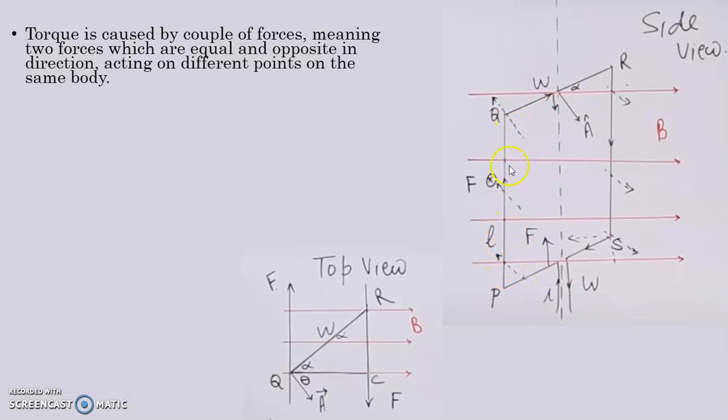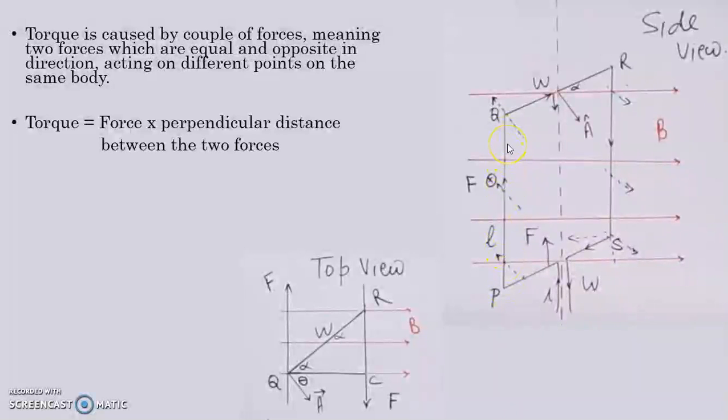But forces acting on PQ and RS are equal and opposite and they are acting along different points on the same body. So the forces on PQ and RS will create a couple, so it will cause torque and this coil will start rotating in anti-clockwise direction.